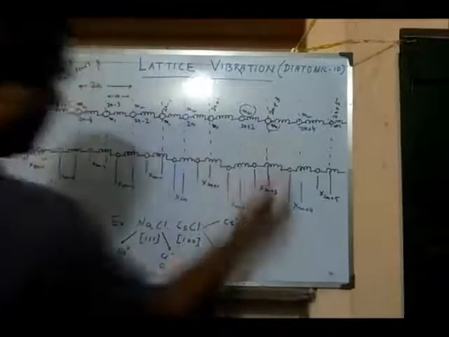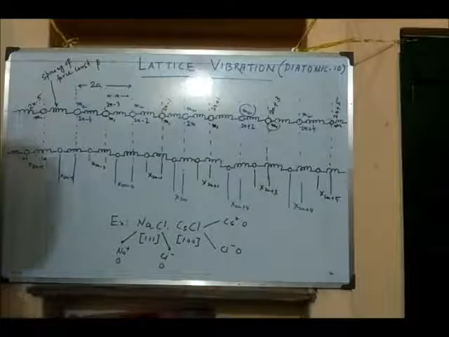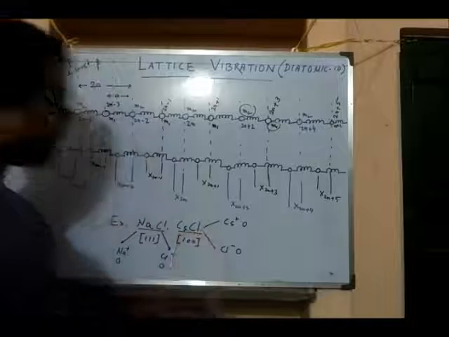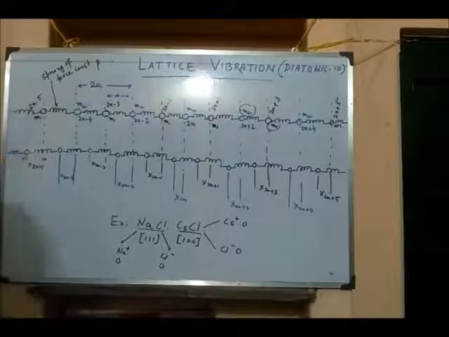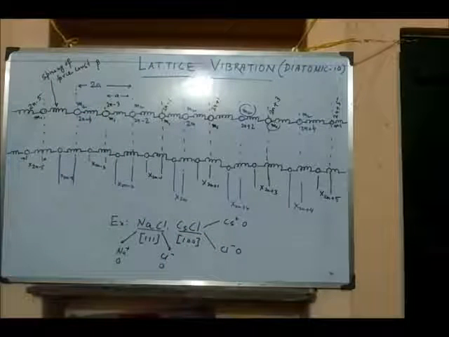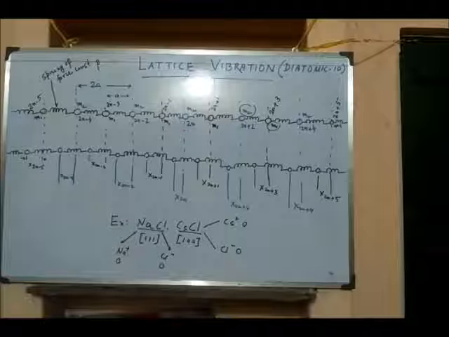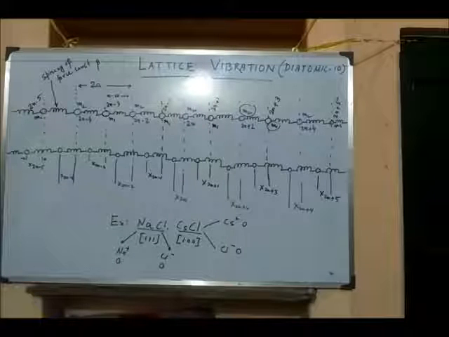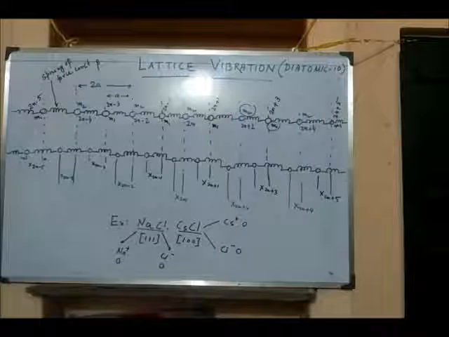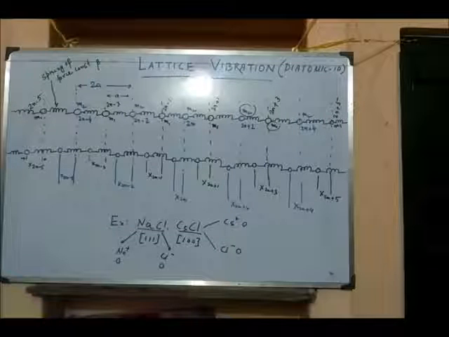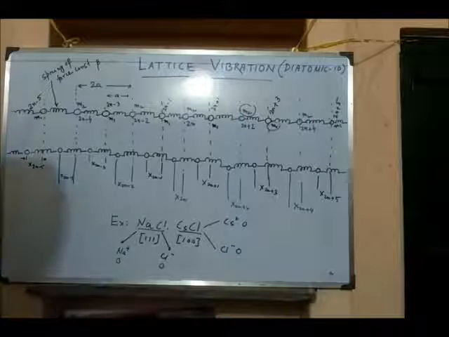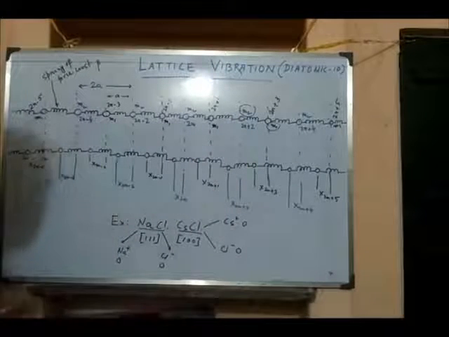Such a situation happens in many cases, like sodium chloride, like cesium chloride. In those crystals, the different ions have different masses, and they are not the same like the monatomic lattice point.